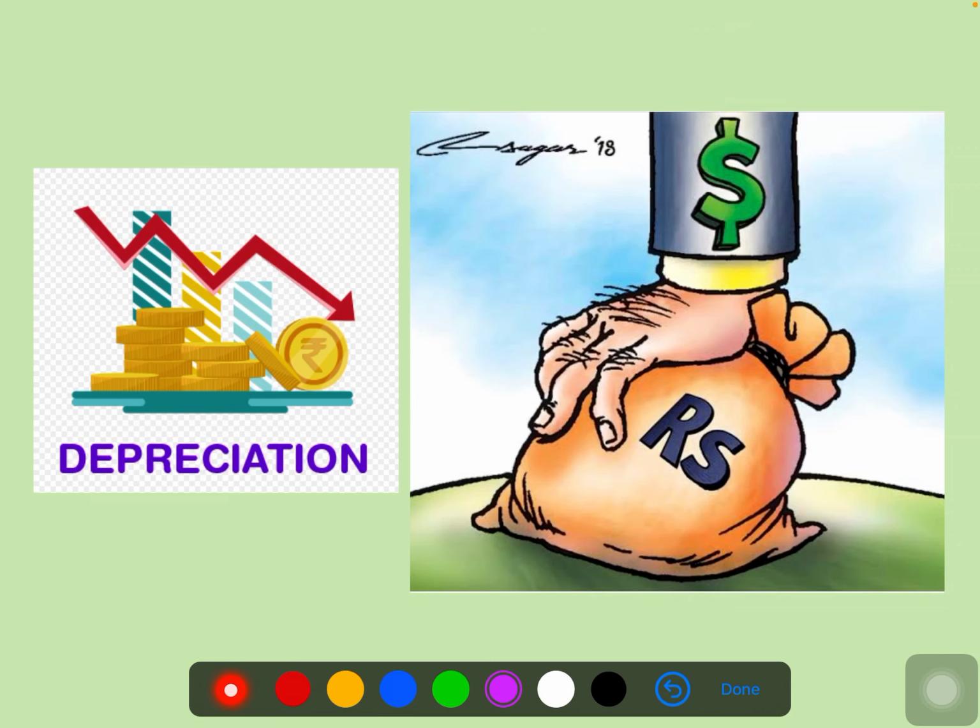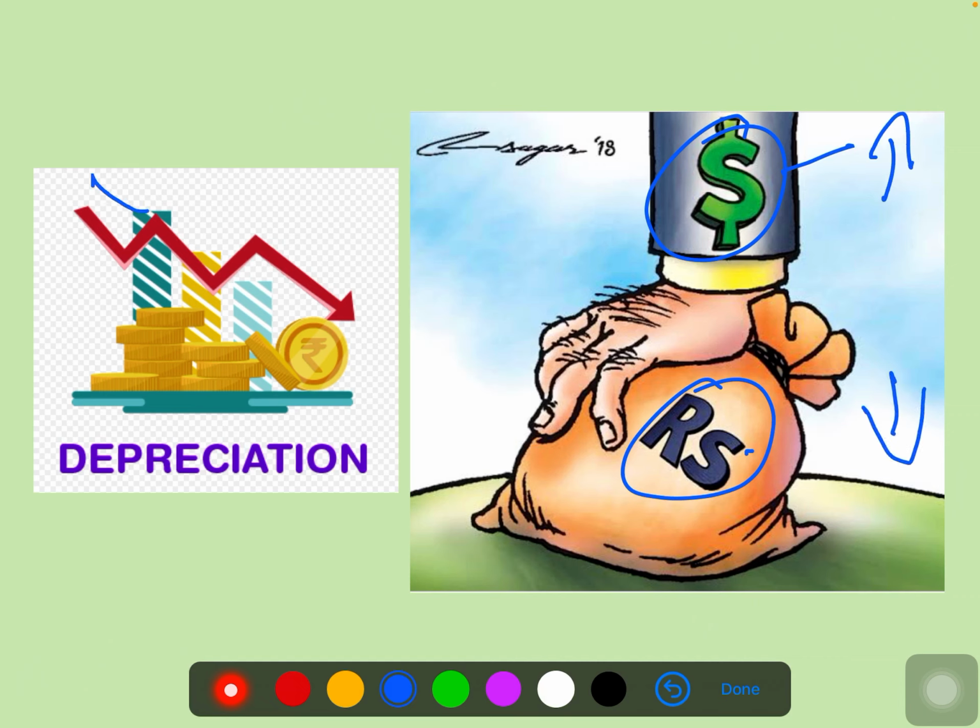Now let me talk again about depreciation. Here, this is our country's currency, which is the rupee, and this is the dollar. The rupee is suppressed by the dollar, which means the dollar value is more than the rupee value. When our country's currency value continuously decreases against any other country's currency, that is called depreciation.